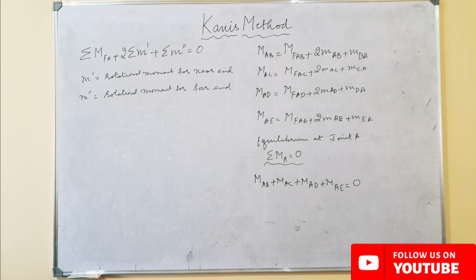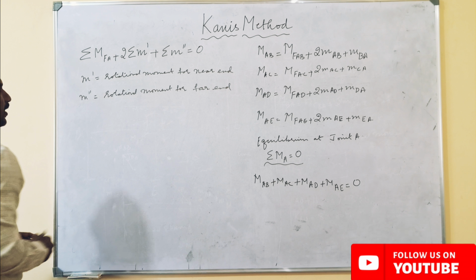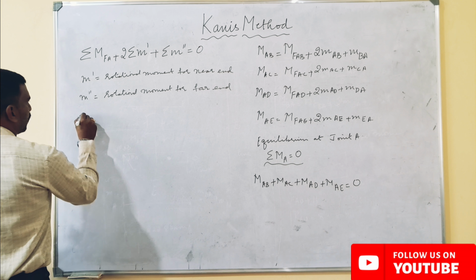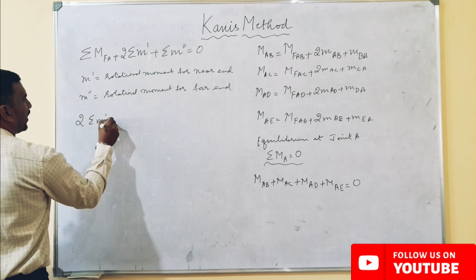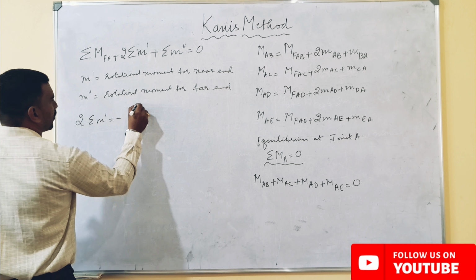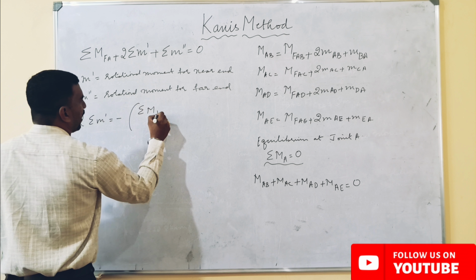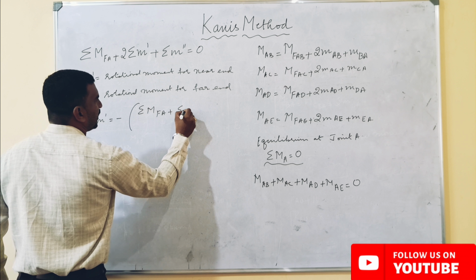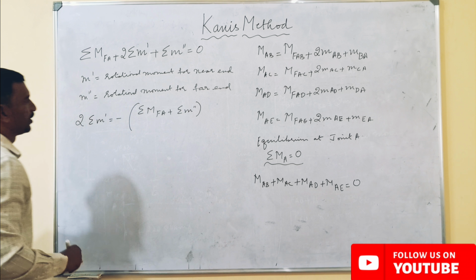Now, the same can be rewritten here as 2 times of sigma M dash, which will be equal to minus of sigma MFA plus sigma M double dash.